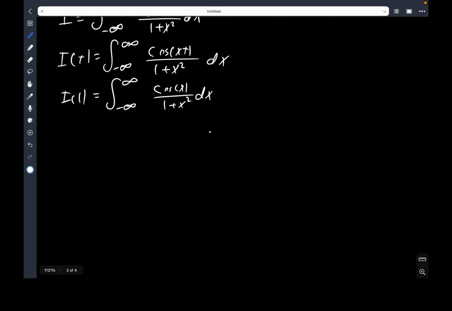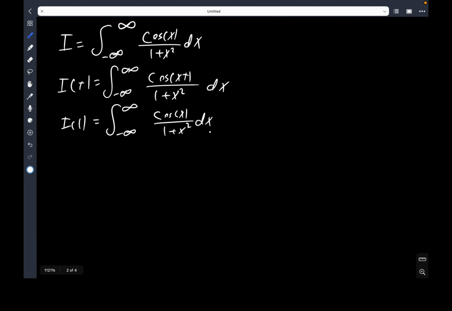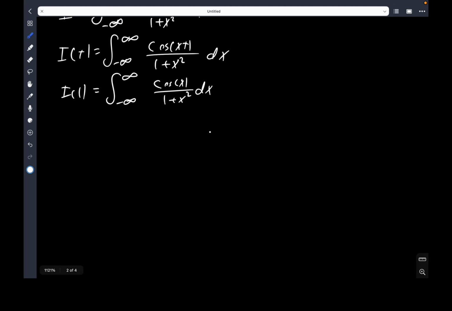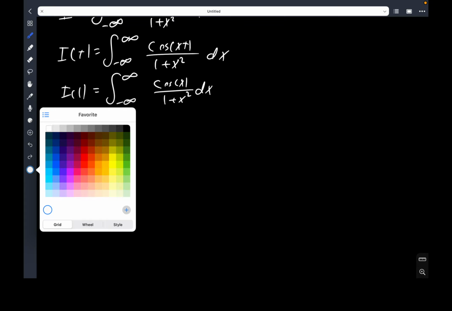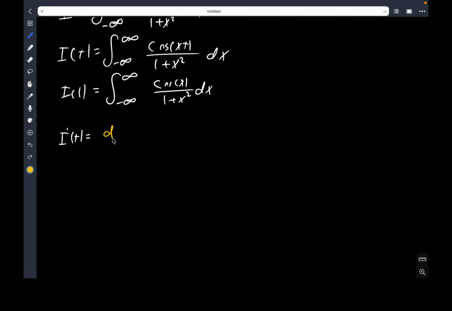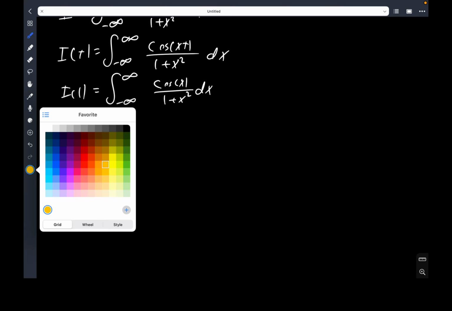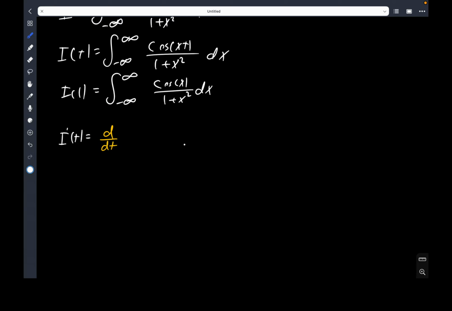Now, to solve this integral, first I'm going to take the derivative of both sides with respect to t. This term is going to be I prime of t. We're taking the derivative of an integral here, the cosine of xt over 1 plus x squared dx.